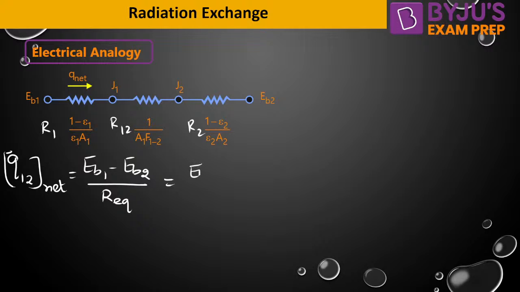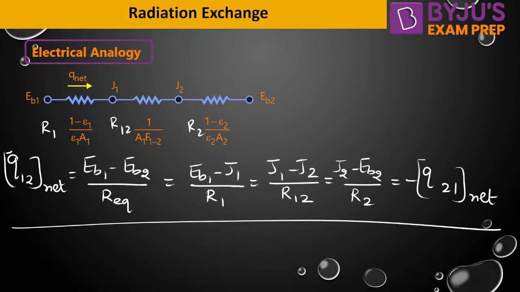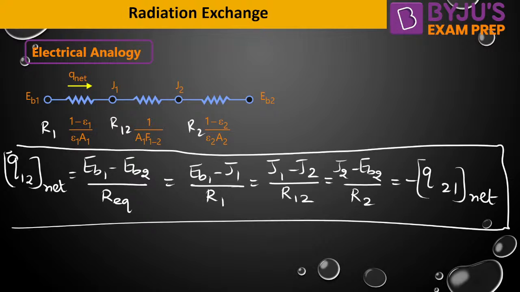Or we can write it as EB1 minus J1 upon R1, or J1 minus J2 upon R1-2, or J2 minus EB2 upon R2, or also as minus Q2-1 net, isn't it? This is how the concept of circuit diagram can be utilized for this. Any doubt? Anybody having any?